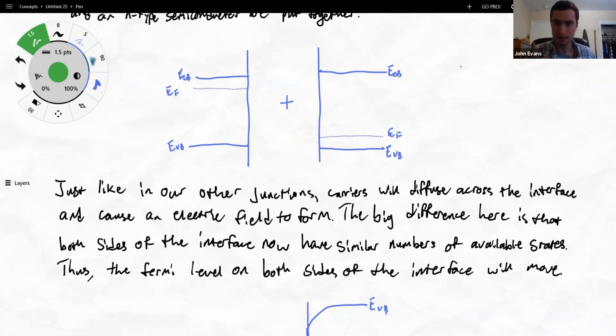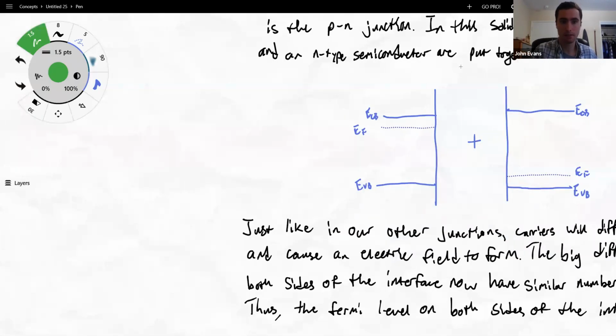The difference is that for a p-n junction, we now have similar numbers of available states. Now, if you recall in, say, our semiconductor liquid junction, we start here. We have our Fermi level there, Fermi level here. In this junction, we have like tons more states here, right?